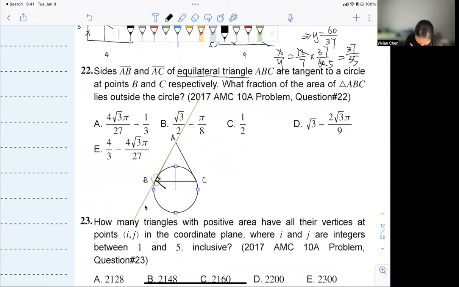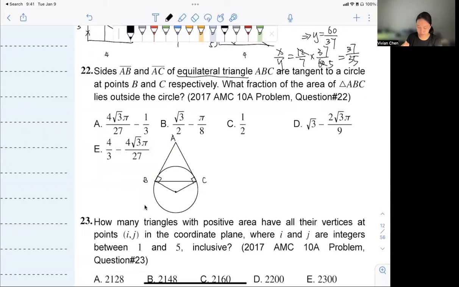Oh, why doesn't it bend for me? Okay, great. And we know that these two radii are at right angles here and here. Let's make it more beautiful.